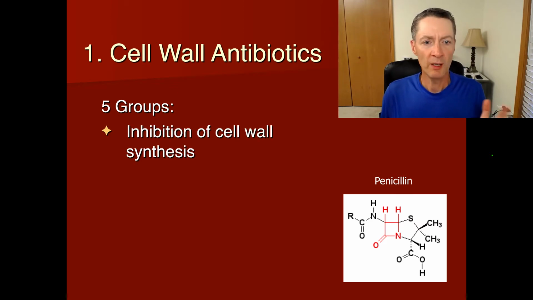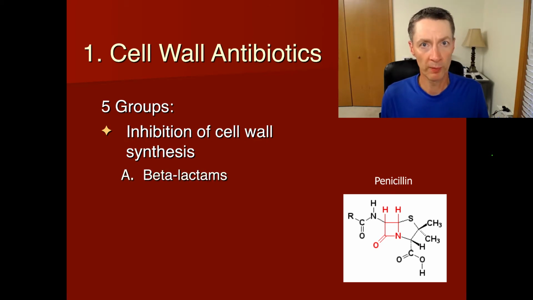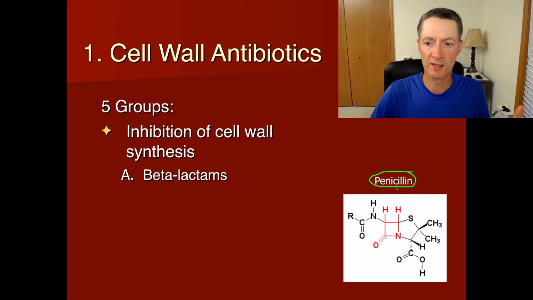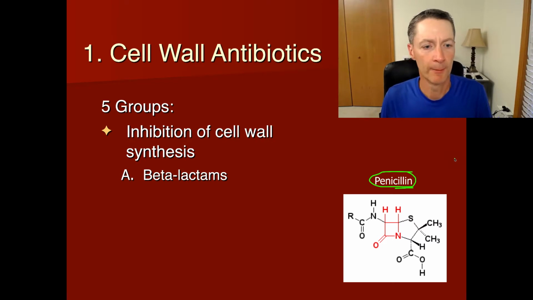So when it comes to inhibition of the cell wall synthesis, the production of the cell wall, we have the beta-lactam group, and this is basically the penicillin family. The beta-lactams are the penicillin family, and so if you see "cillin" at the end of these words, it doesn't have to be penicillin, it's probably a beta-lactam.